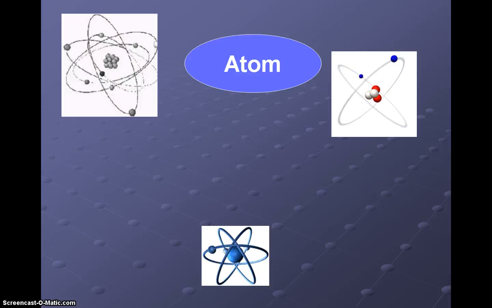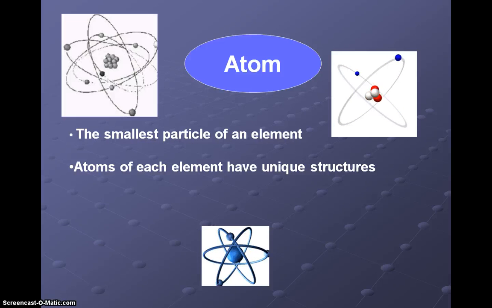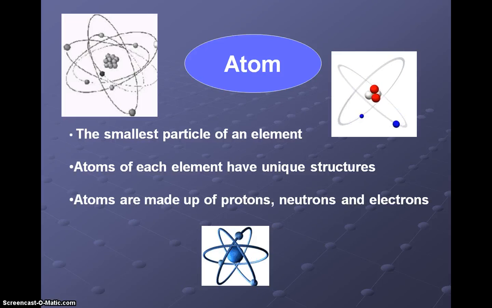An element is made up of atoms. All these images are the iconic image of what an atom is, and we'll learn all about the structure of an atom and what it's made up of. Atoms of each element have a unique structure based on the number and arrangement of their subatomic particles.